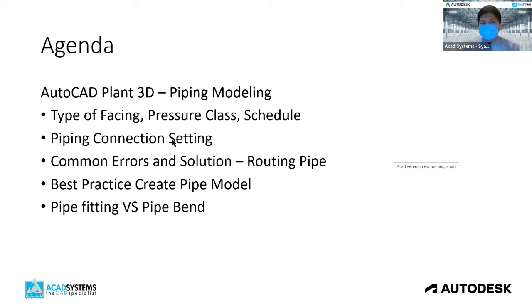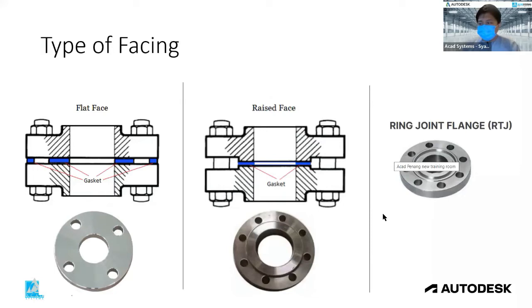Then the most common errors that you will face in routing pipe and what the solution is. Then best practices for creating a piping model using Plant 3D, and pipe fitting versus pipe bend. That will be the topic that we're going to cover in these 30 minutes. Only pipe.